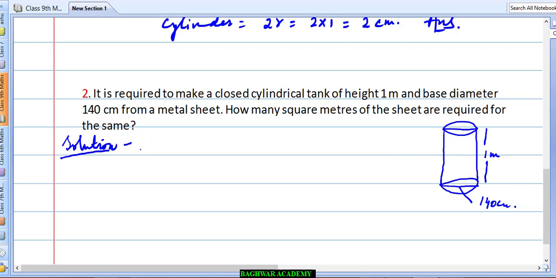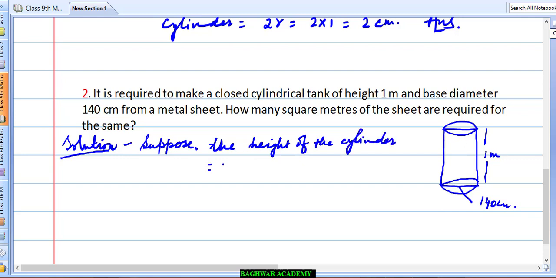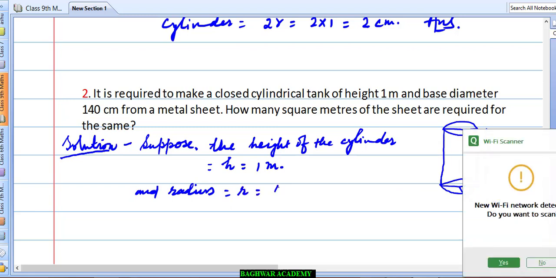suppose the height of the cylinder is equal to h, and that is equal to 1 meter, and the radius of the cylinder, radius is equal to r, and that is equal to 140 by 2, because diameter has been given.